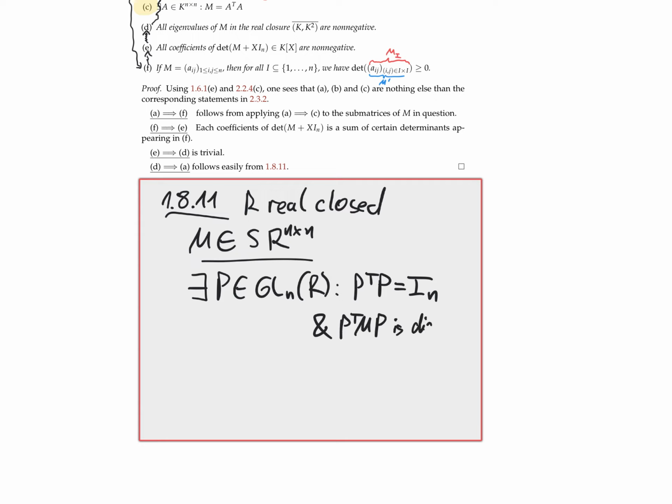In some sense, we called this the diagonalization as a quadratic form in matrix language here.